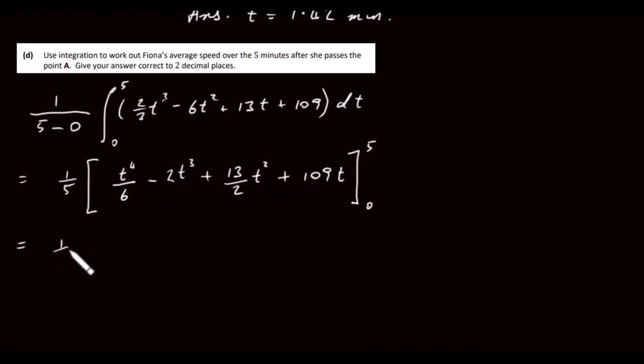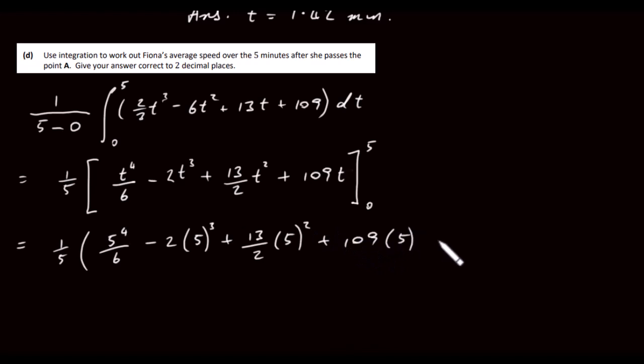So really I just end up with 1/5 of 5 to the power of 4 over 6 minus 2 times 5 cubed plus 13 over 2 times 5 squared plus 109 times 5. And that's really it. That's just something you can do on your calculator. Again, I worked all this out and I got 112.33 to 2 decimal places kilometers per hour.